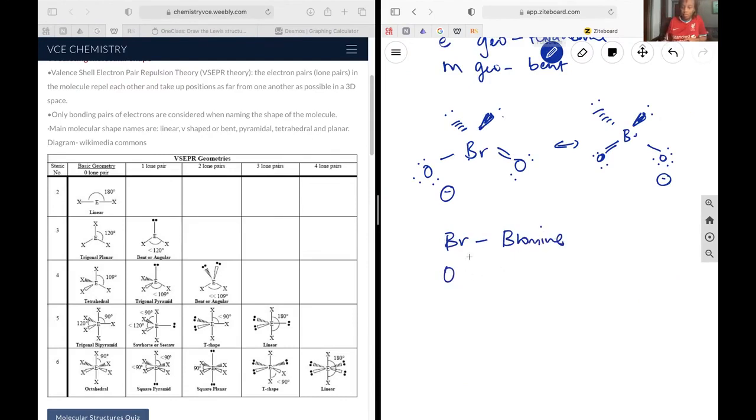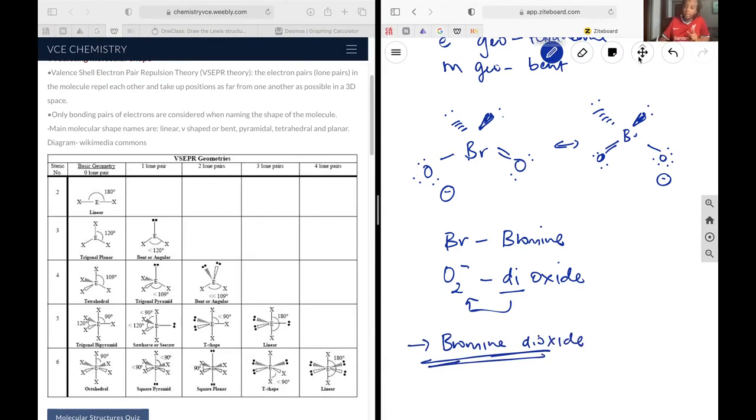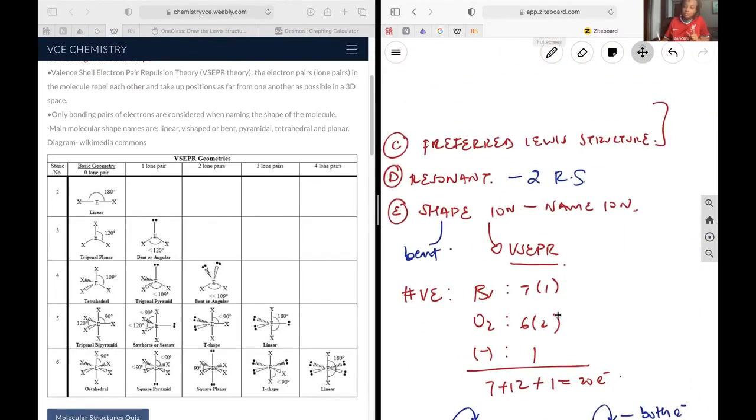And I have 2 oxygens with 1 minus charge. And so this is di for the 2, ox for the oxygen, and ide to factor in that it is an ion. And so bromine dioxide would be the name. And that's going to be it for this question.